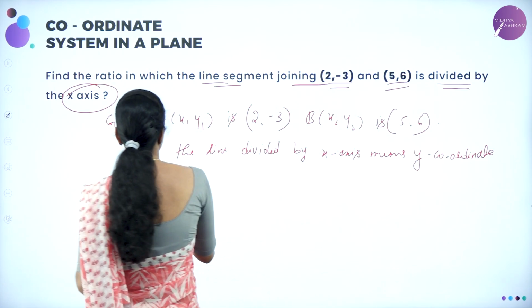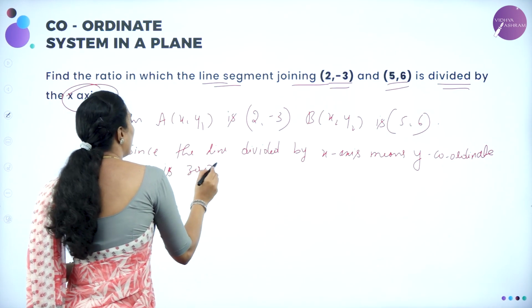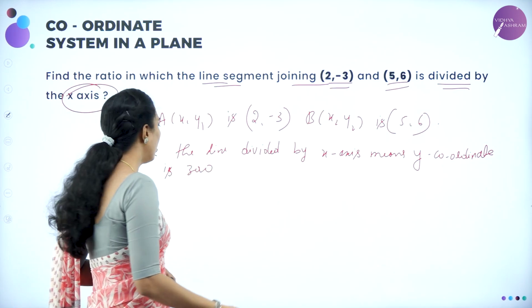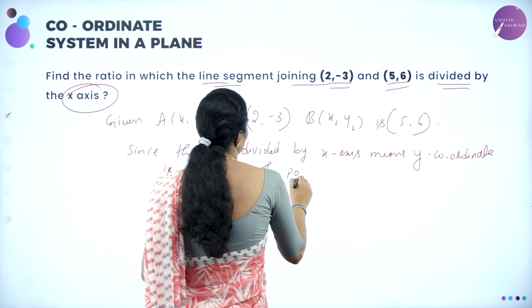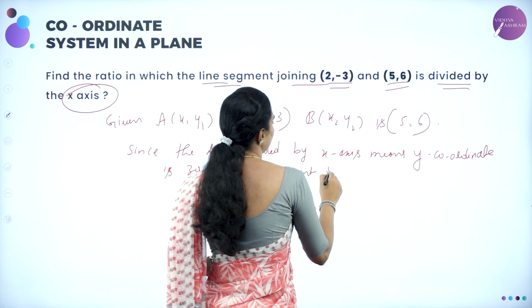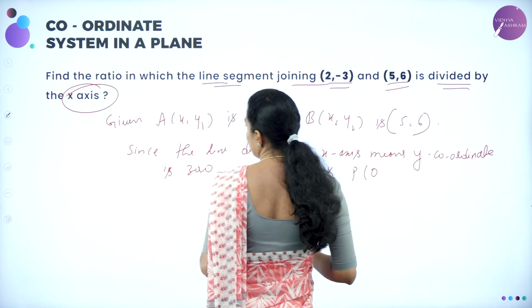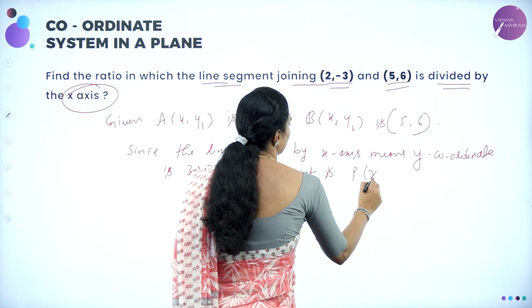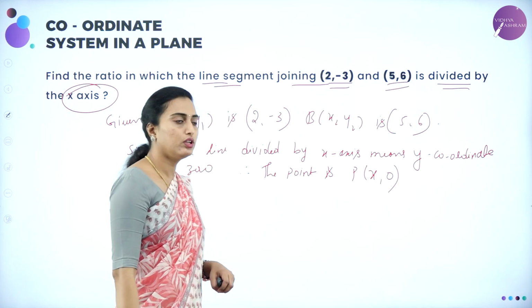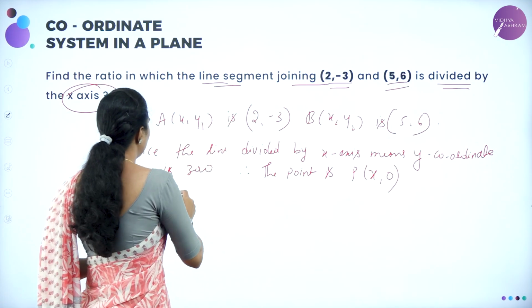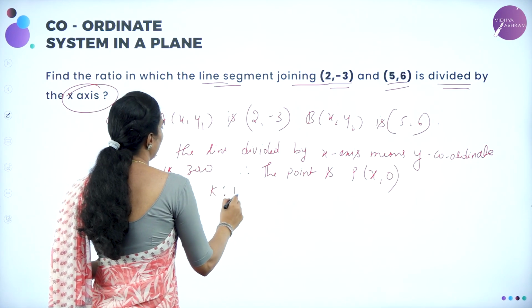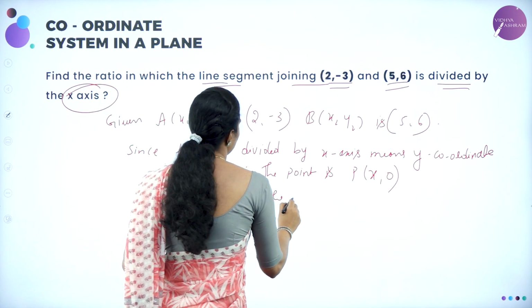If the y coordinate is 0, therefore the point is P of x, 0. So if it is x, 0, we can take the ratio as k is to 1.